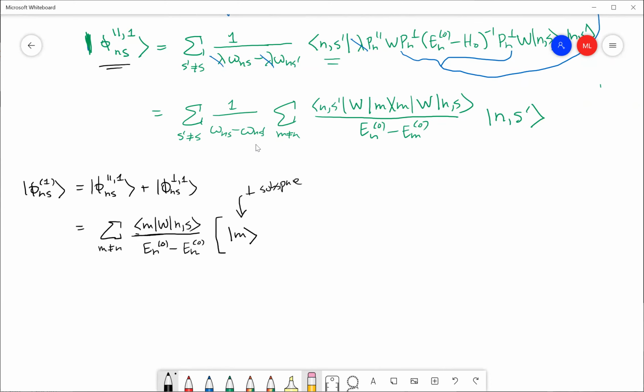But we get this extra term, which again, we didn't have before when we did this kind of naively. It's the portion of the correction that's in that degenerate subspace. It does exist.